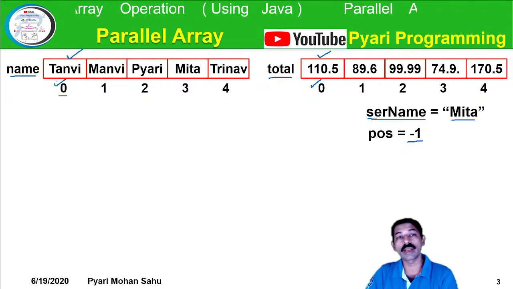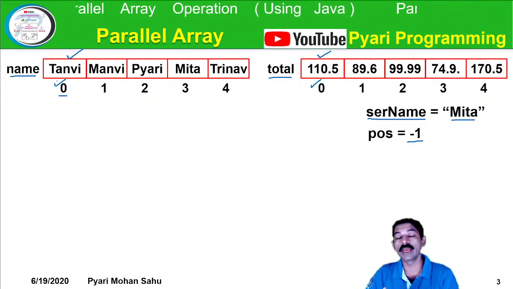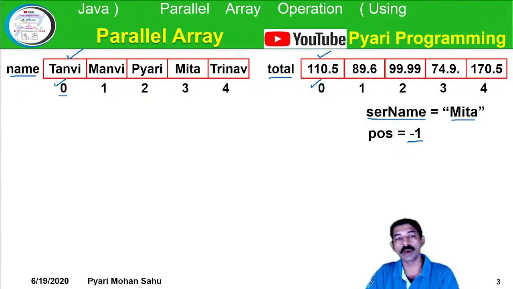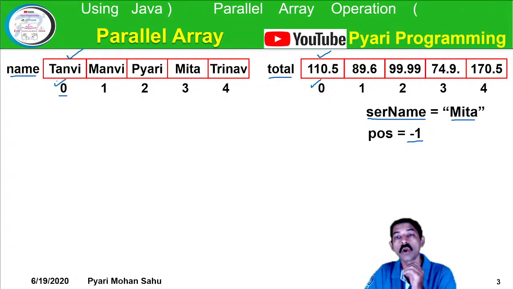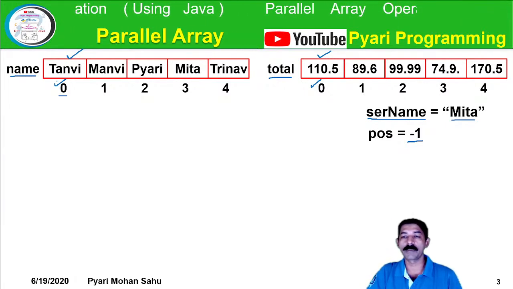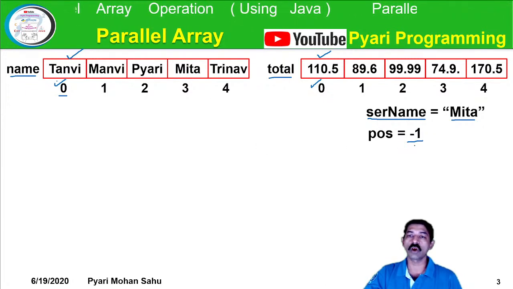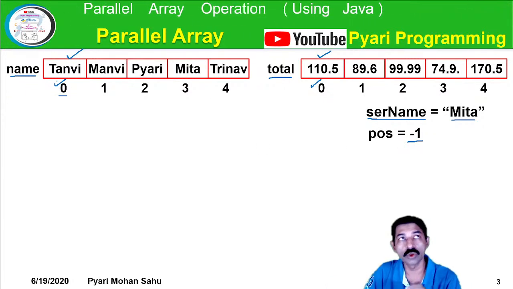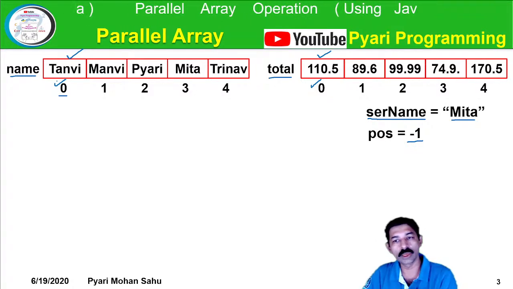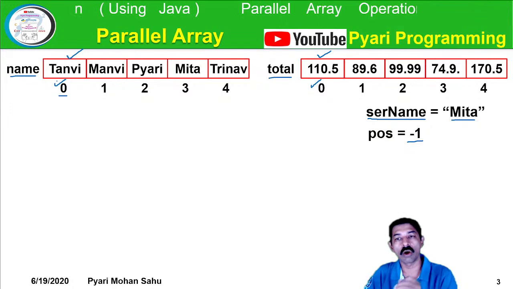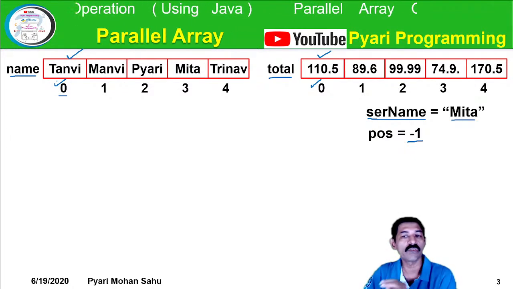So I cannot take the found index position as any valid positive integer. I will take a negative number, because I am taking this for the not found case. That's why I have taken -1, because it is the not found case. The initial value is the not found case. It is equivalent to a flag. I think you might remember, we did prime number, we did searching. In all the cases I said to take a flag value.